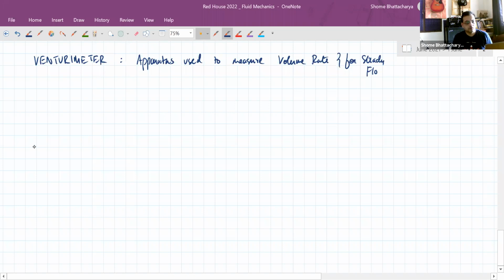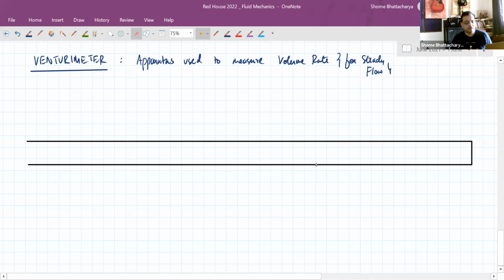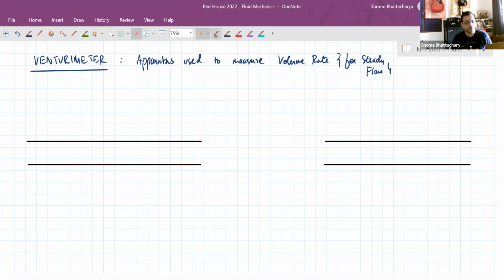Consider a pipeline through which fluid is in steady flow. So what you do is you have an attachment in between called the Venturi meter, which is used to measure the volume rate of flow.